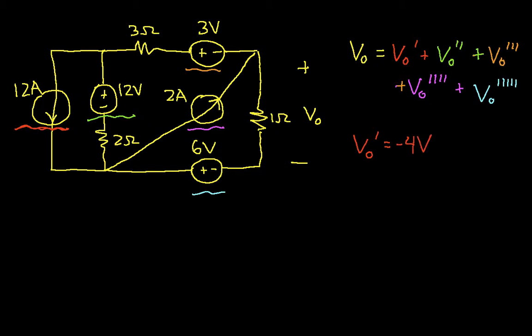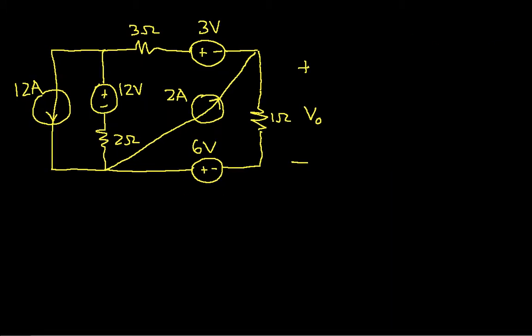Wasn't that fun? Okay, let's do the same thing, but now we'll find the output voltage due to this 12 volt source. If we want to do that, we first need to get rid of all the other sources.